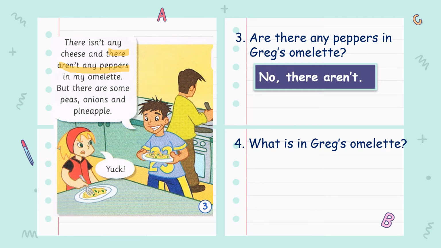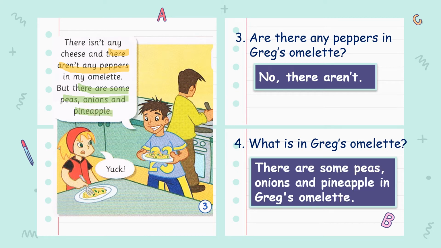So for question number 4, what is in Greg's omelette? What did Greg answer? He says, there are peas, onions and pineapple. So the answer would be, there are some peas, onions and pineapple in Greg's omelette.